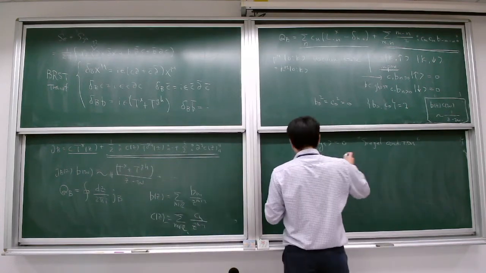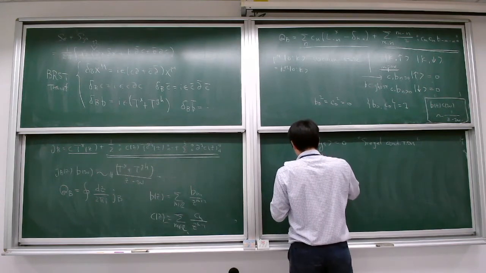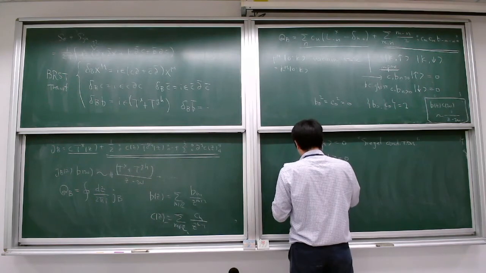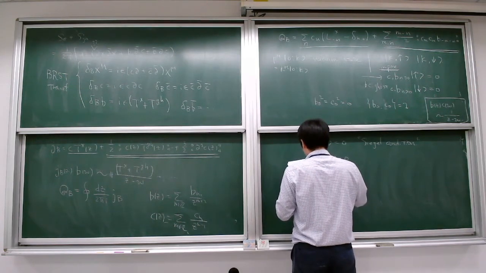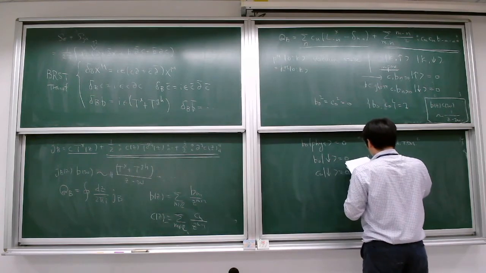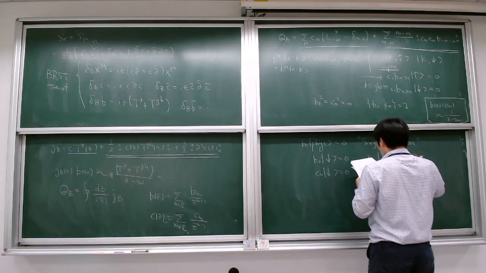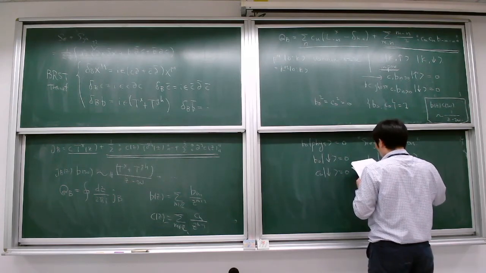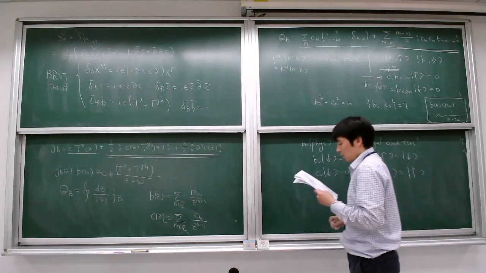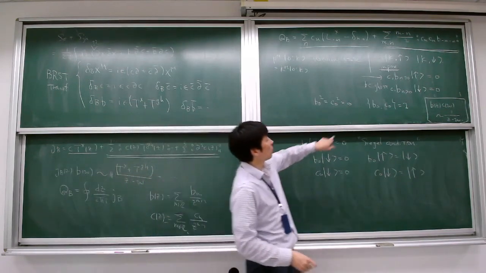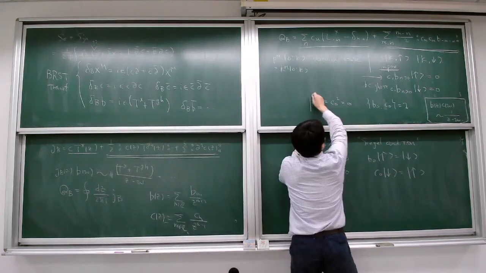Okay, so therefore, indeed, this will give you the condition that B0 acting on this one equal to 0, and C0 acting on 0, and B0 acting on this one is equal to negative. C0 acting on this condition is positive. Okay. So that's what you get from this condition.